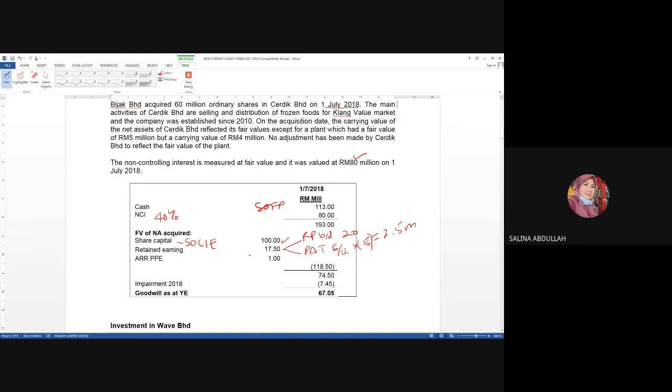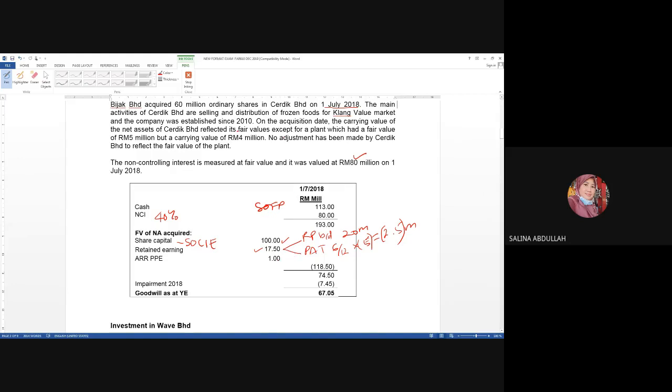That's why you can see here 20 million minus 2.5 million, which is 17.5 million. Okay, so this is negative. Sorry, it's positive. 20 minus negative 2.5 is positive 17.5.